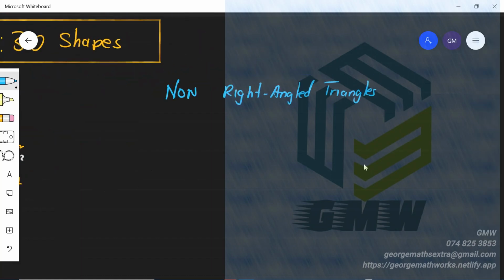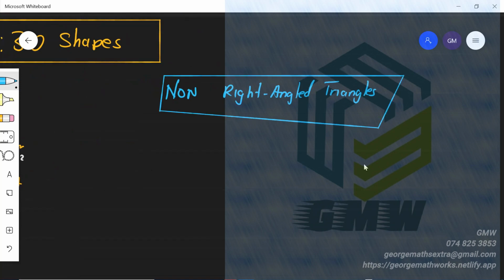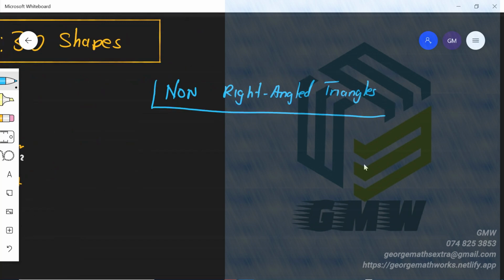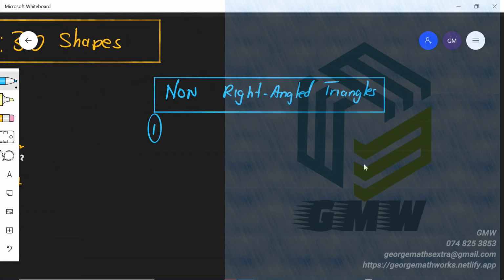Whenever you see a non-right angle triangle, meaning that the shape you are looking at does not have any right angle on it, then you need to think of two things. The first one is the sine rule. And the second one is the cosine rule.